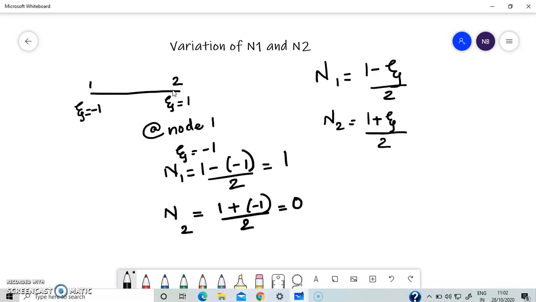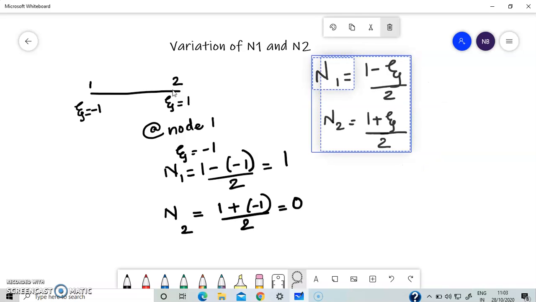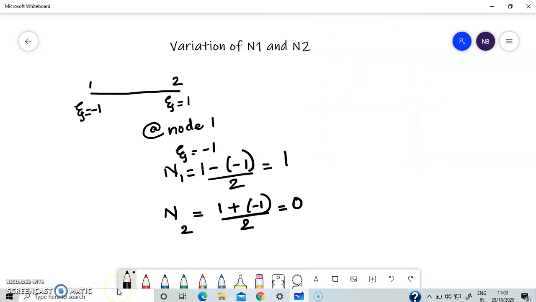This will give us 0. At node 2, zeta has a value of +1. So substituting here, we get N1 equals 0 and N2 equals 1.